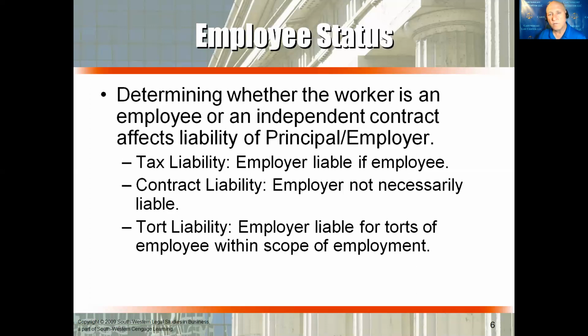And the answer is no. We are not liable for their actions because they are an independent contractor and not an employee. We are not responsible for their actions because they're not our employee. They don't fall under the principal agency theory. And if you think about it, it makes sense. Think back about those factors we were looking at in the previous slide. We're looking at control.